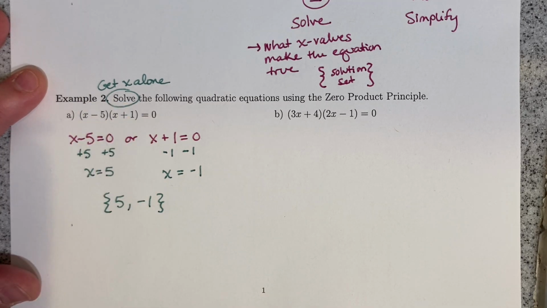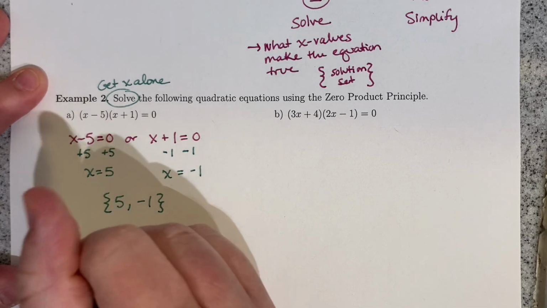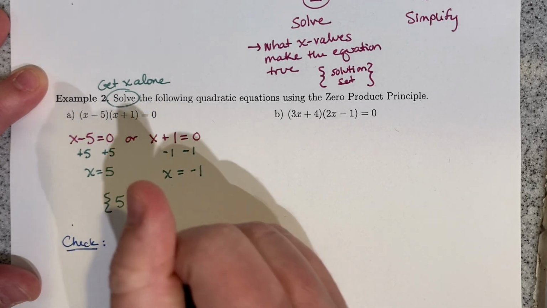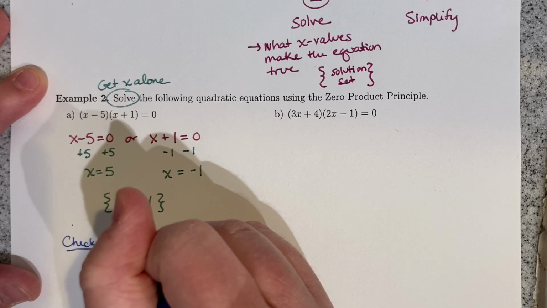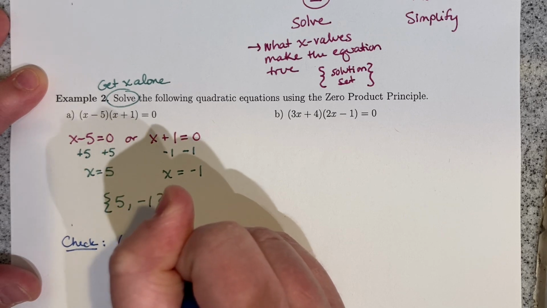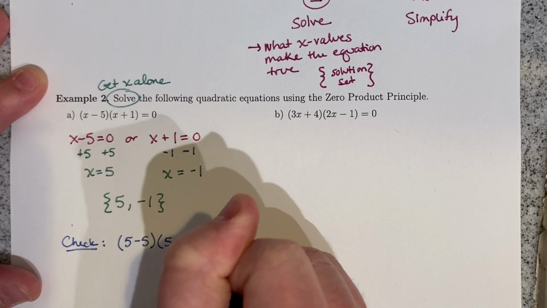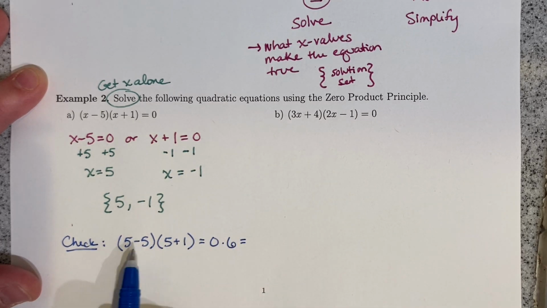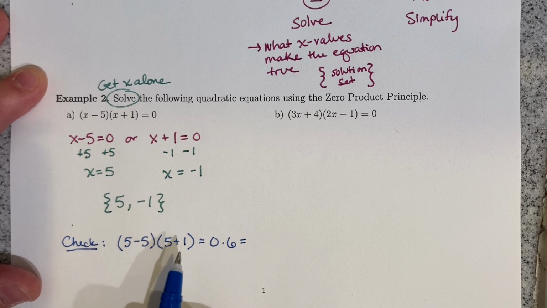Actually, let's write it out, because now I'm thinking, let's actually see these checks. All right, checking isn't so bad. So if I plug in 5, it'd be 5 minus 5 times 5 plus 1, which is 0 times 6. 0 times 6 is 0.